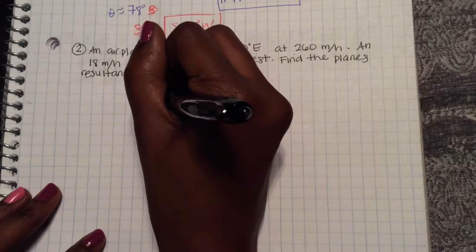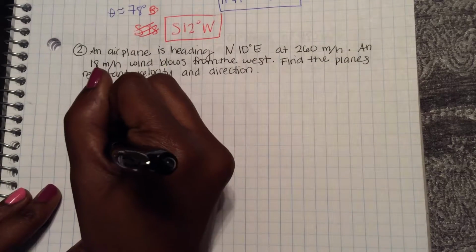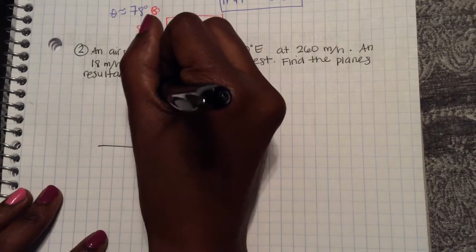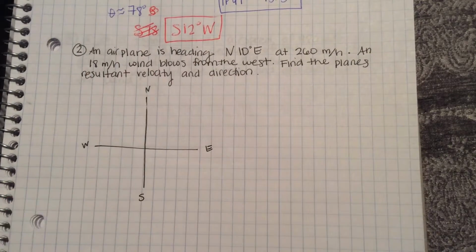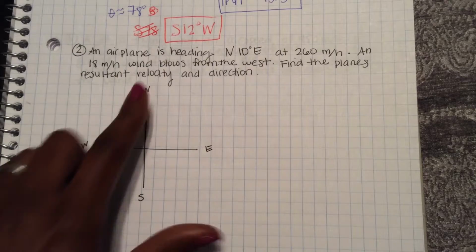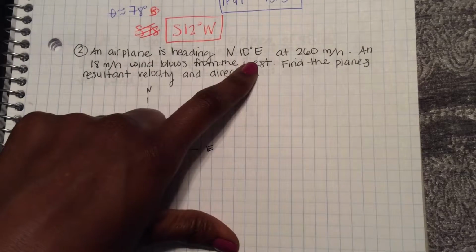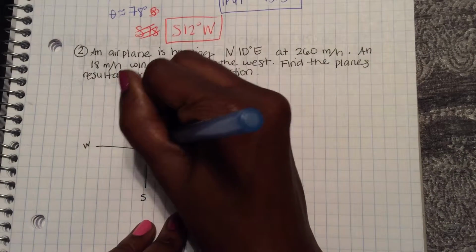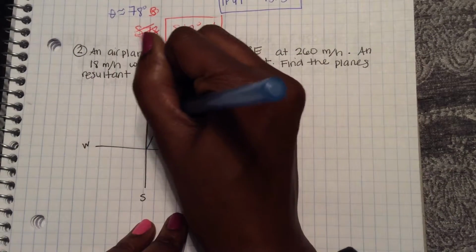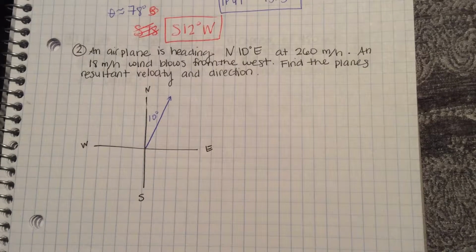So anytime we have direction, we need a compass. North, south, east, west. It says my plane is heading north and then 10 degrees east. So north and then 10 degrees east of that north.